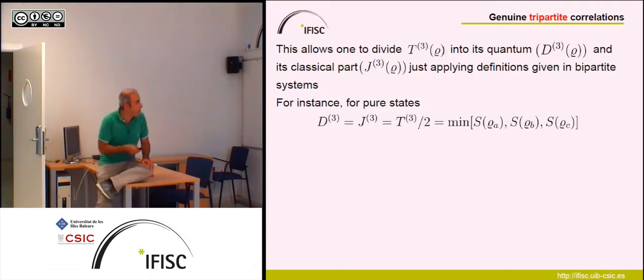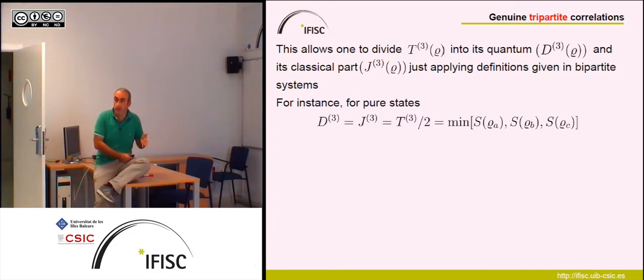This is the next slide. As I said, this allows us to divide T3 into its quantum part, D3, and J3, the classical part, just applying all the things I wrote for the case of 2 parts.